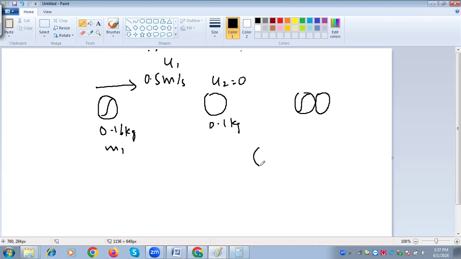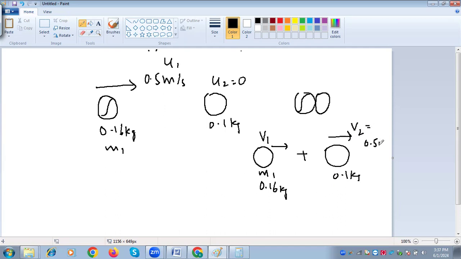What will be the velocity of the first ball, M1? 0.16 kg is the mass. And what is the velocity, V1? This is to be found out. And this second ball of mass 0.1 kg moves with velocity V2 equal to 0.5 meter per second. So now let us apply the law of conservation of momentum: total momentum before collision is equal to total momentum after collision.